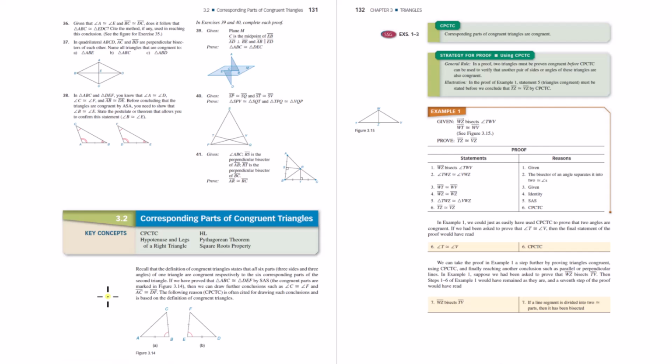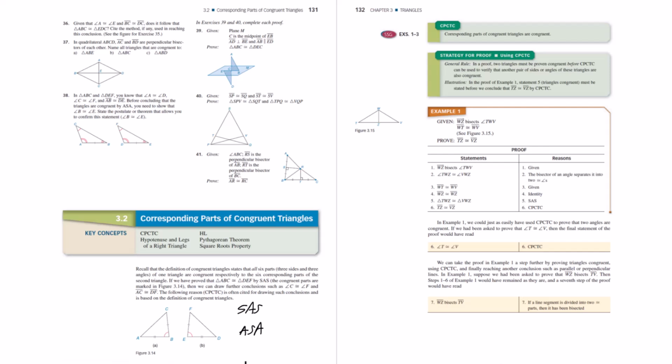But we never officially talked about how we would prove that some features for a pair of triangles were congruent, outside of the features that we used to show congruence of the triangles, like side angle side or angle side angle.